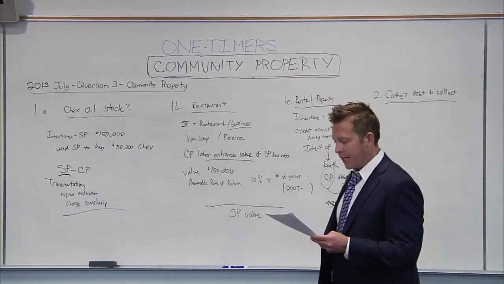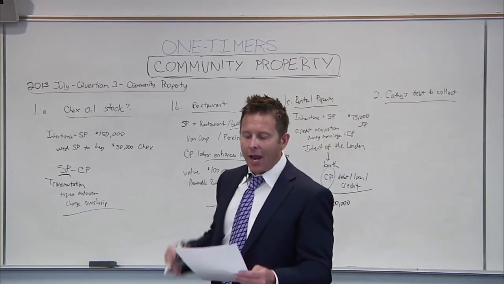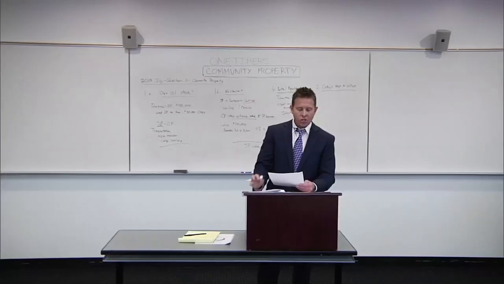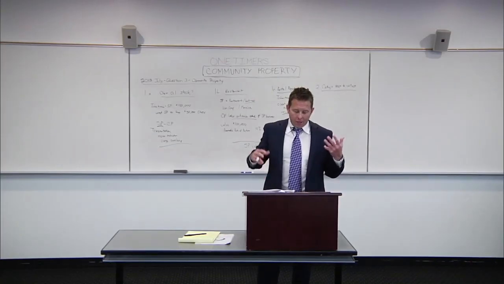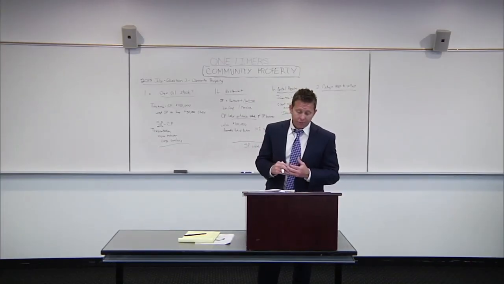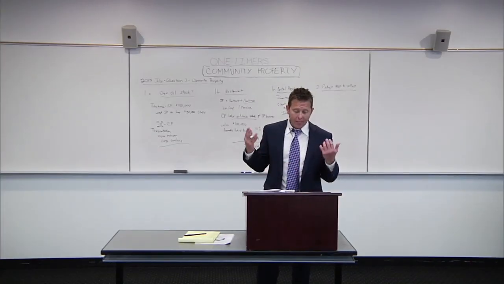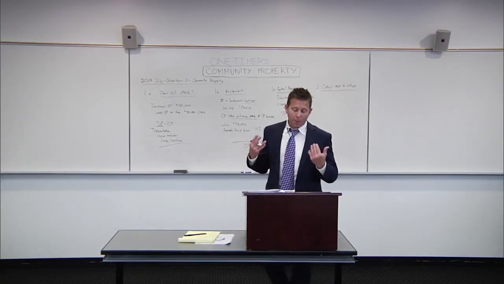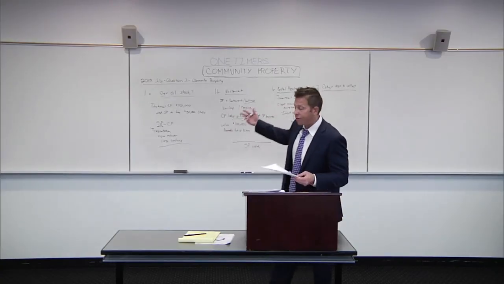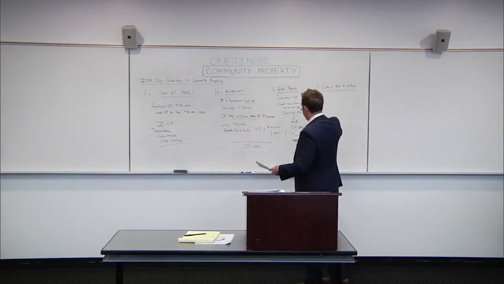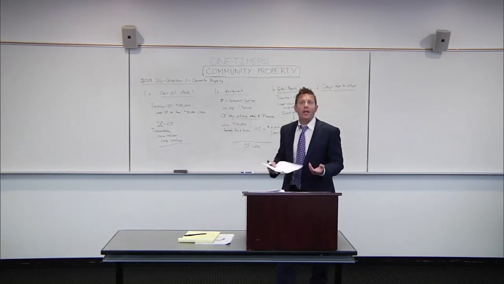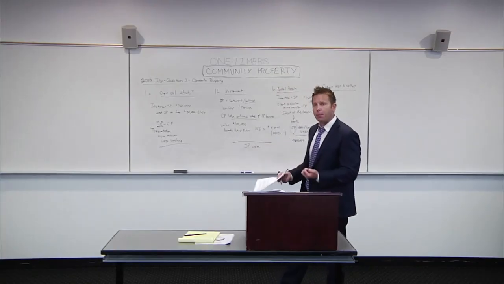And it looks like they used community property funds to improve a separate property, because this is his separate property. Now they're using community property payments to improve the property. I mean, she's unwittingly added to his separate property value.